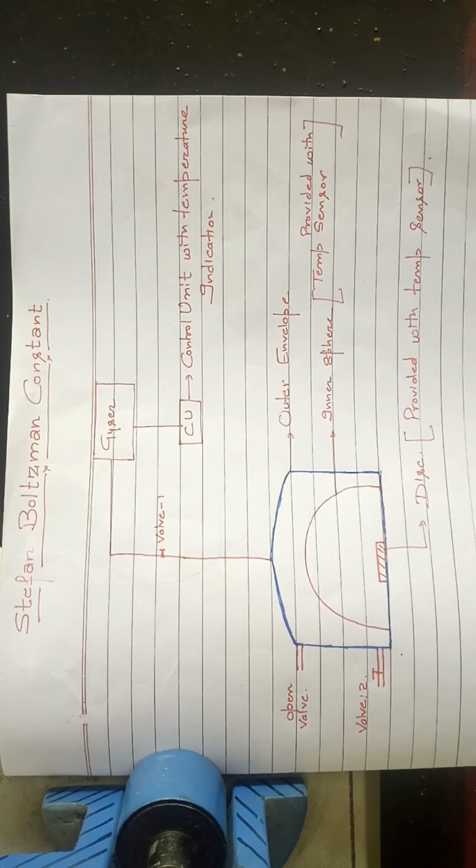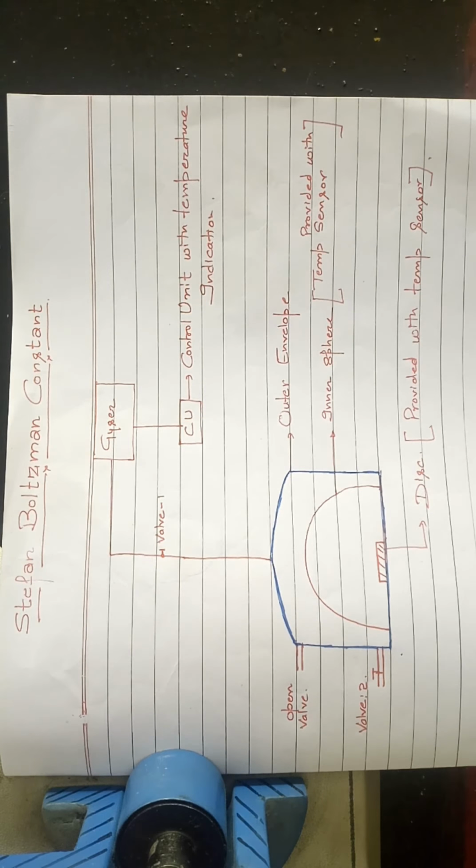So on the top there is a geyser which is controlled with a control unit. Control unit means there is a thermostat settings available with the supply given to the geyser so that we can set a desired temperature in the geyser. So we will work in the geyser from 50 degrees centigrade to 100 degrees centigrade, let us say. So we will set the temperature in control unit. The heater will automatically off at that particular temperature.